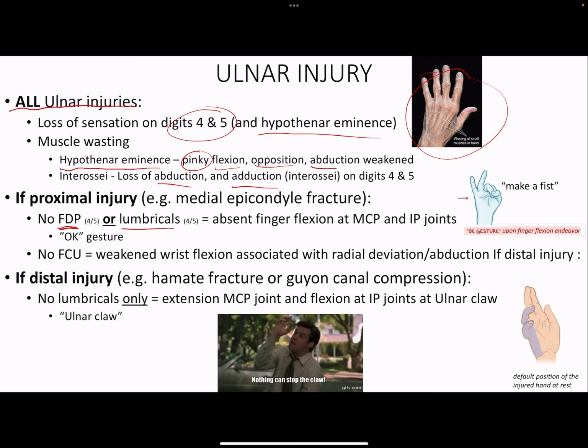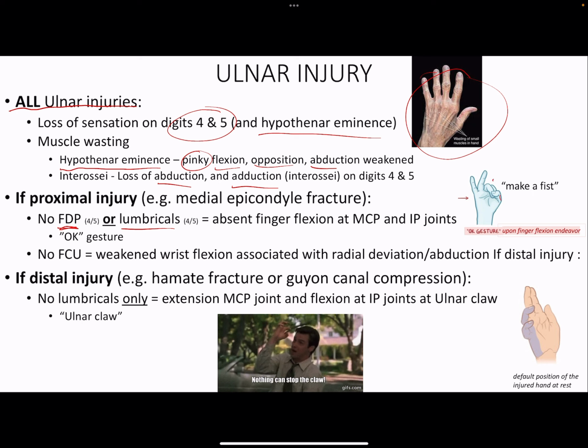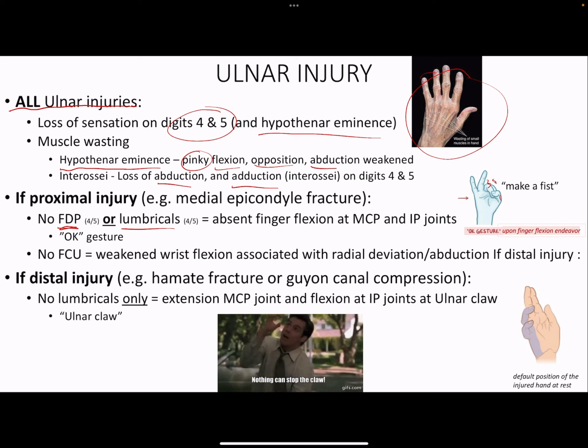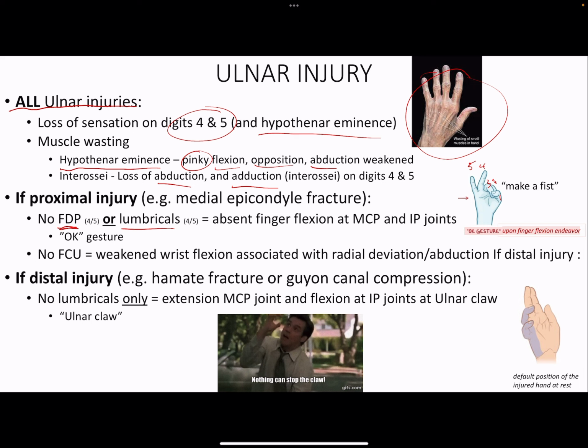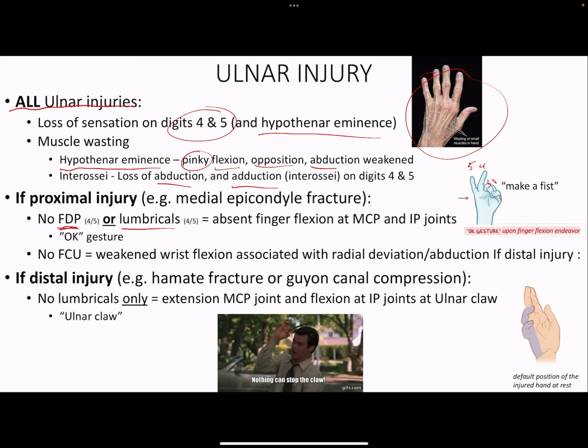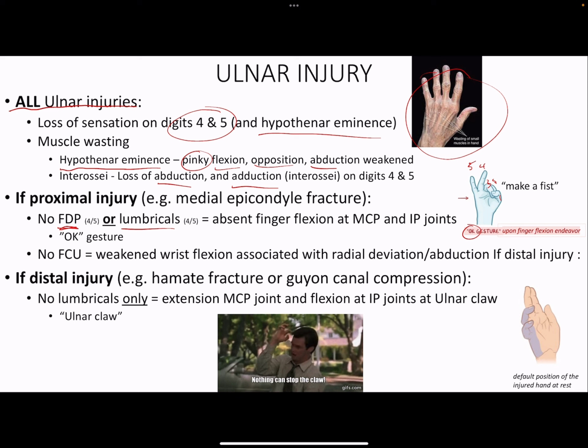But if you tell them, hey, can you try and make a fist? Digits 1, 2, and 3 work fine. Those will make a fist just like they normally would. But digits 4 and 5 cannot flex at all because they don't have an FDP and they don't have a lumbrical, so they stay up. It kind of looks like you're making the OK sign. So upon a request to make a finger flexion, you could tell that somebody had a proximal ulnar injury.